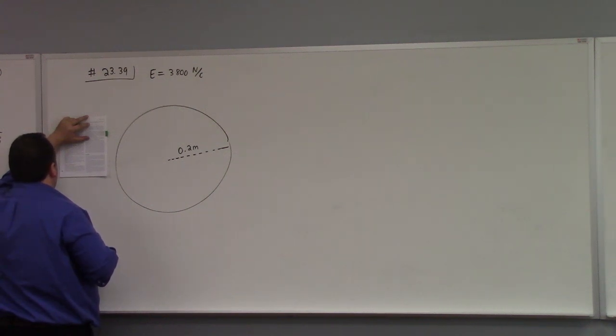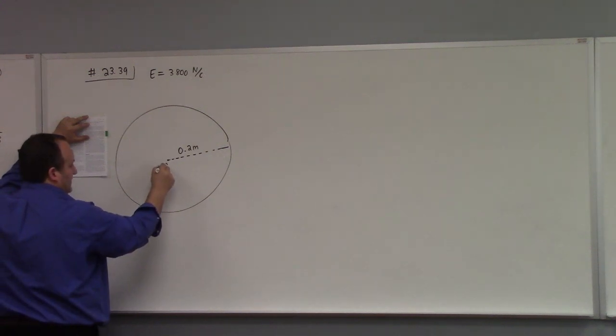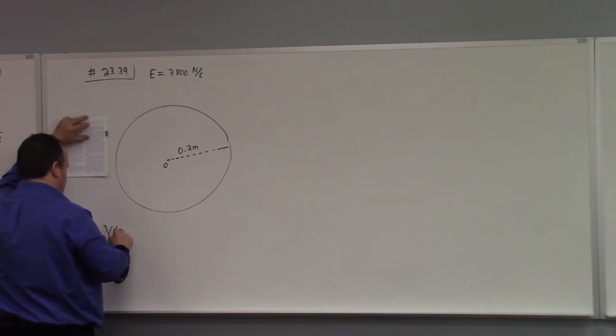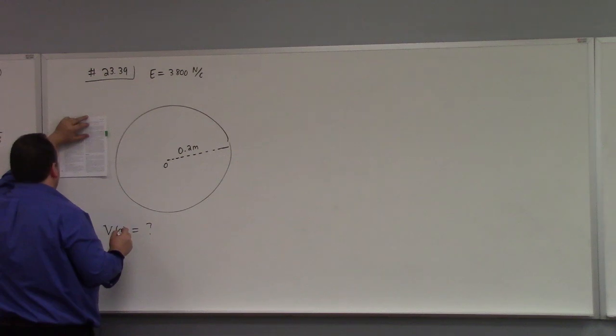What is the potential at the center of the sphere? So let's put the center of the sphere at the origin. Let's make 0 the center of the sphere. So what's the voltage at 0, if we take the potential to be 0 infinitely far from the sphere?